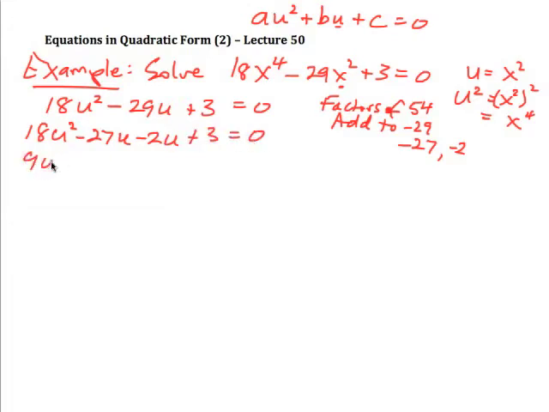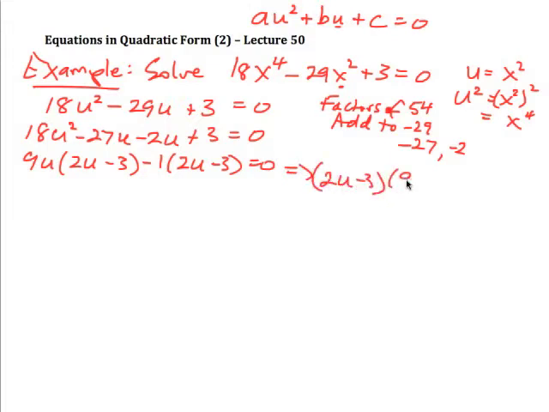If I take out a 9u, I'll end up with a 2u take 3. If I take out a negative 1 here, I'll get a 2u take 3 equals 0, which implies that 2u take 3 by 9u take 1 equals 0.